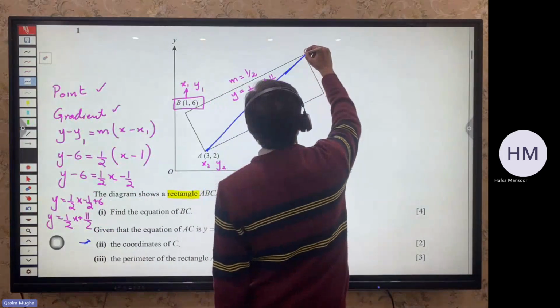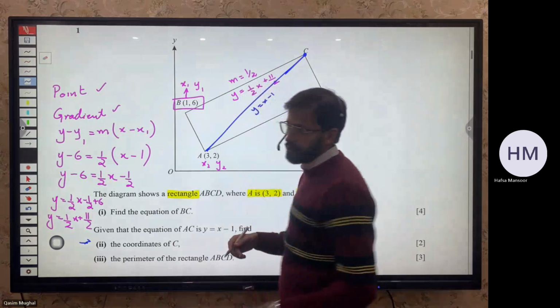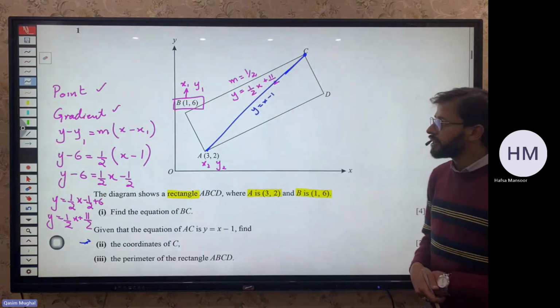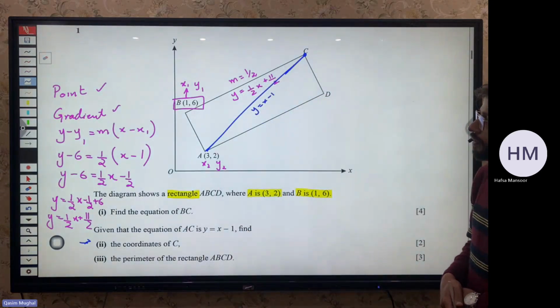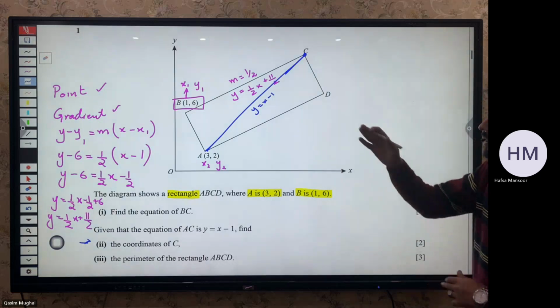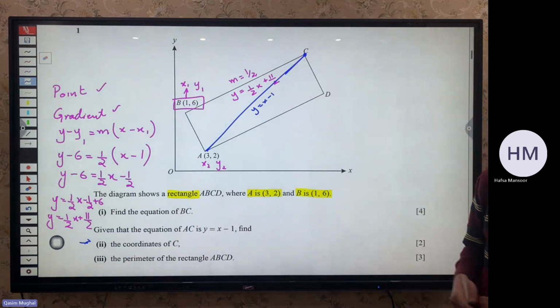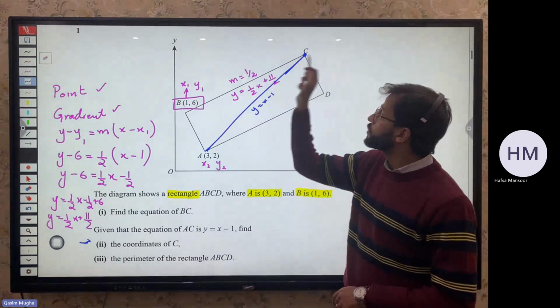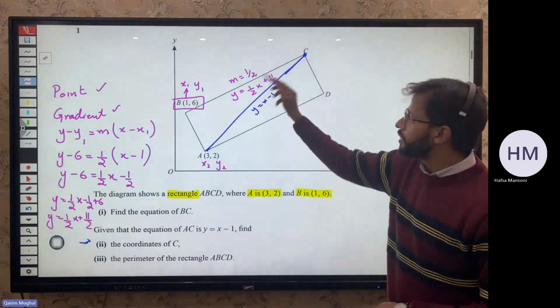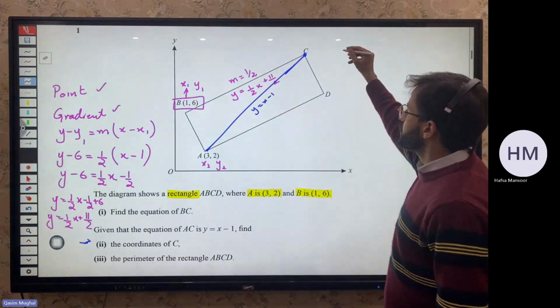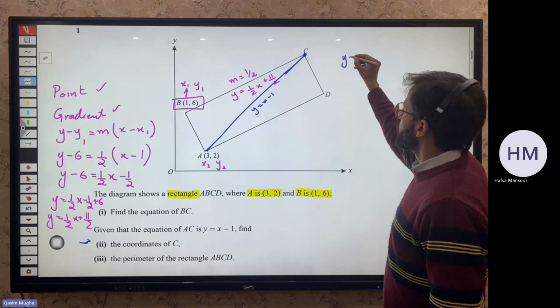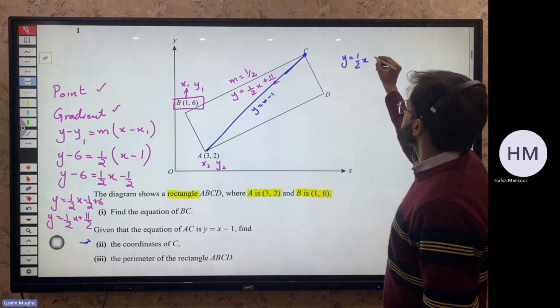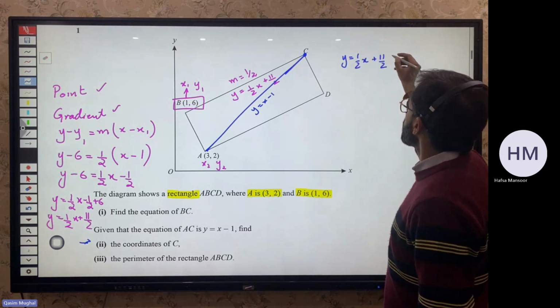Now, what can you tell about C? Which lines does it lie on the intersection of? AC and BC intersection point: whenever you need to find it, solve the two equations simultaneously. We have the equation of AC, we have the equation of BC as well. So the equation of BC is y equals 1/2x plus 11/2.